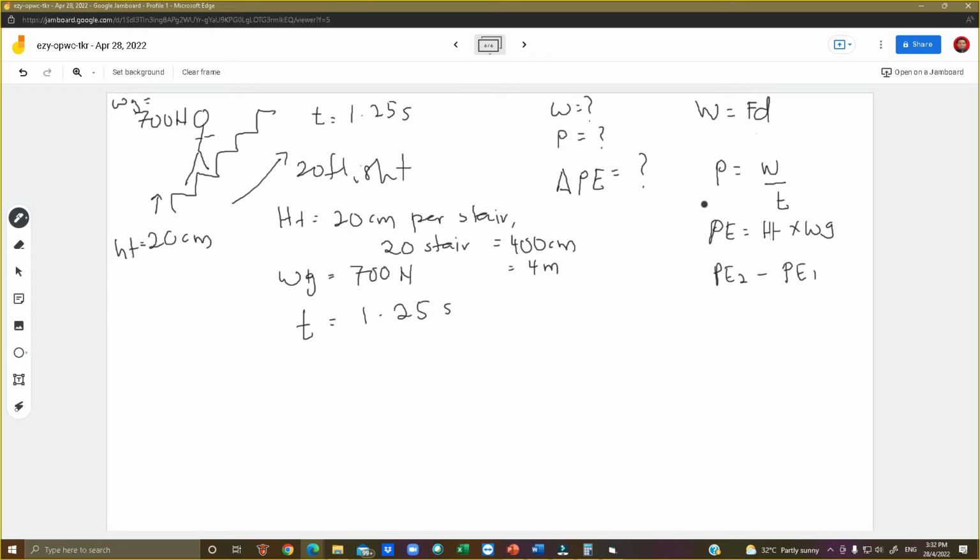Ada. Wait, sekejap. Maklumat dia ada dekat situ, but it does not show as force. It is showing as... Okay, betul, 700. 700.